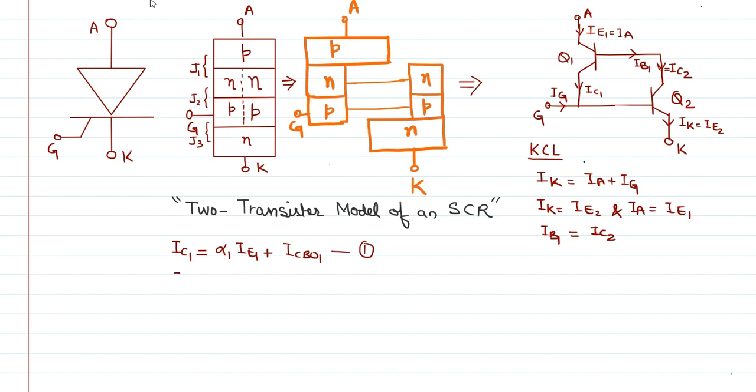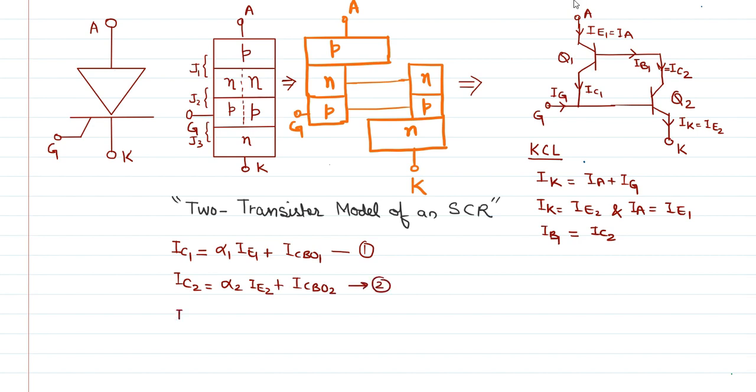Similarly, we can write IC2 as alpha 2 IE2, where alpha represents the forward current gain, plus, in terms of leakage current for common base configuration, ICBO2.